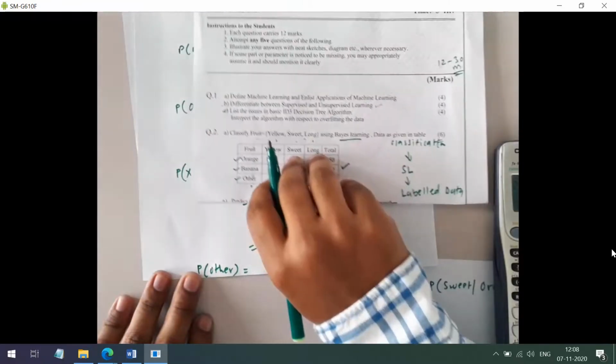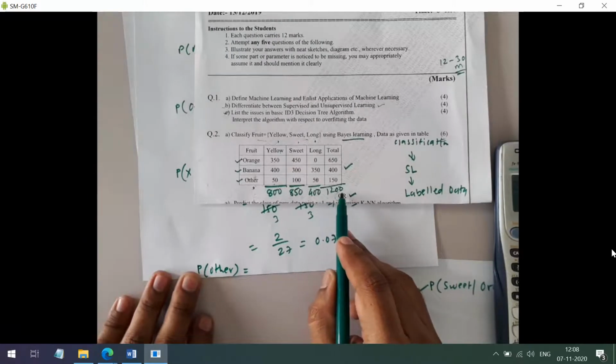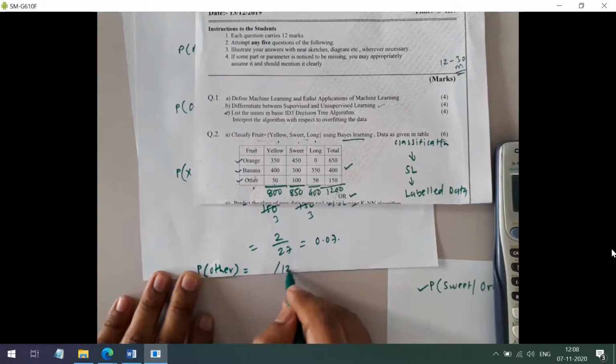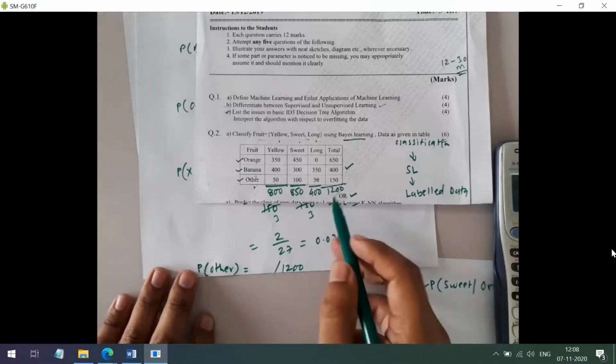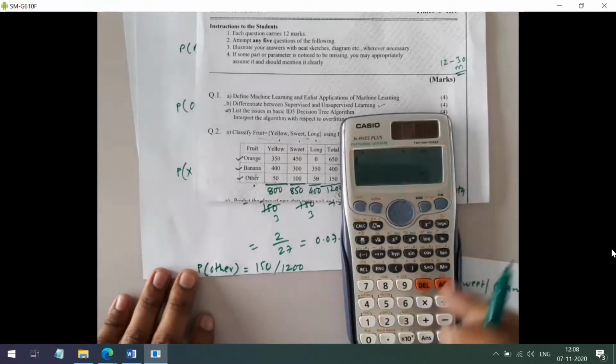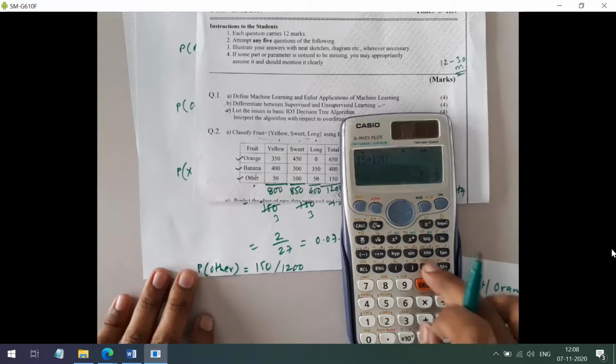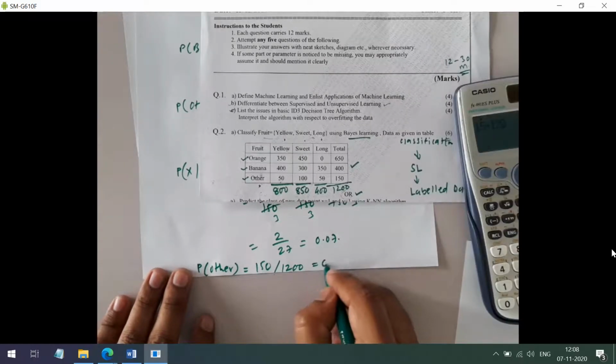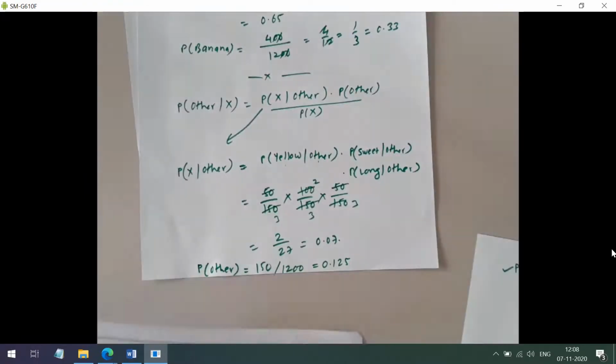How many total fruits are there? 1200. Out of that, how many are other fruits? 150. So it is 150 divided by 1200, which is 0.125. In this way we have calculated the probability of all the classes.